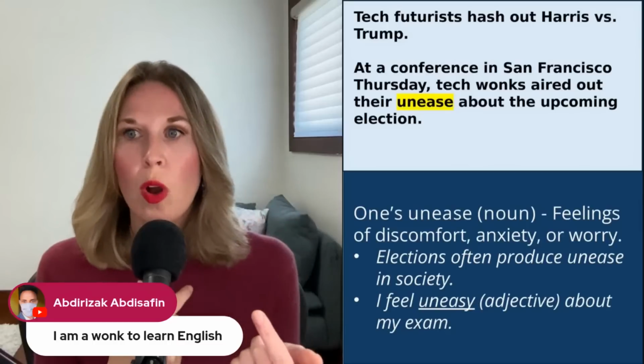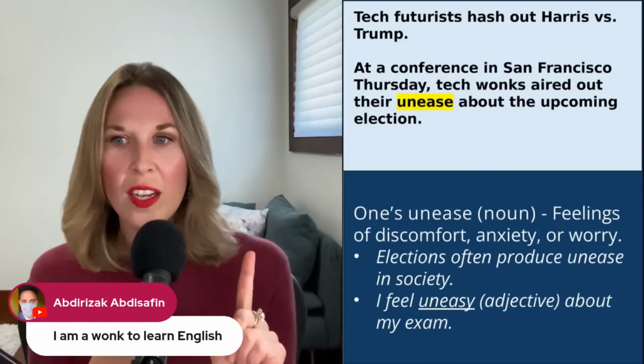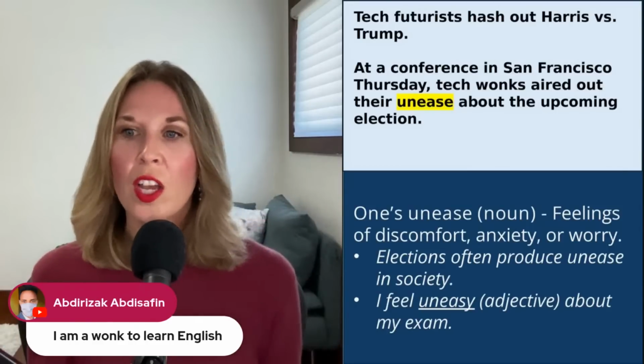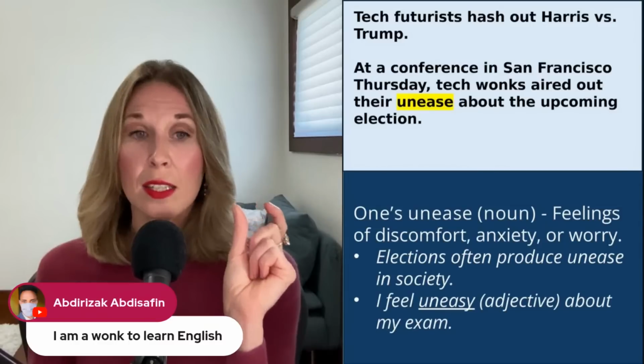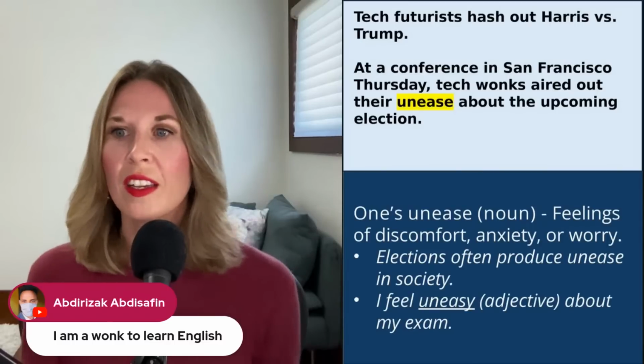I'm an English wonk. I'm a music wonk. I'm a movie wonk. I'm a tech wonk. I'm a finance wonk. So you would have this topic, the subject, and then add the word wonk. Very nice.